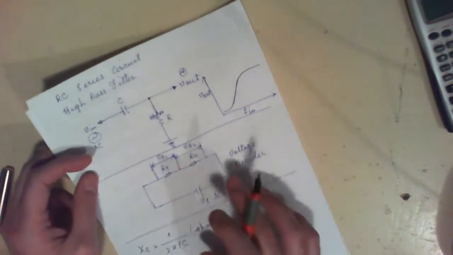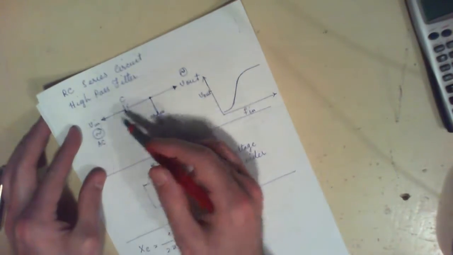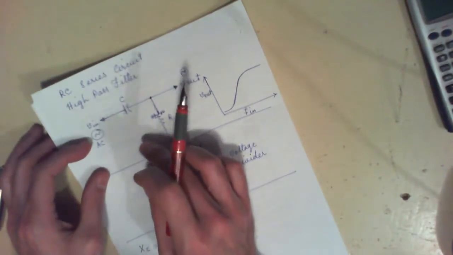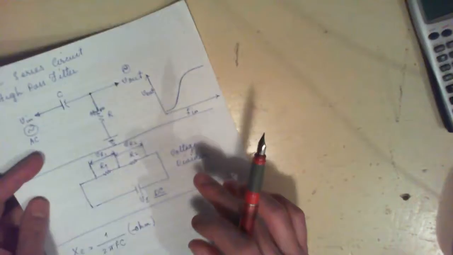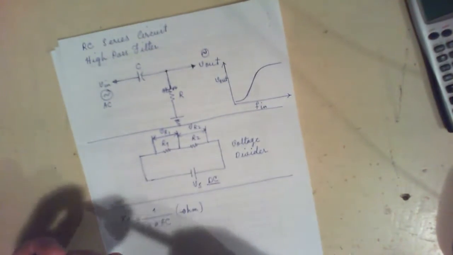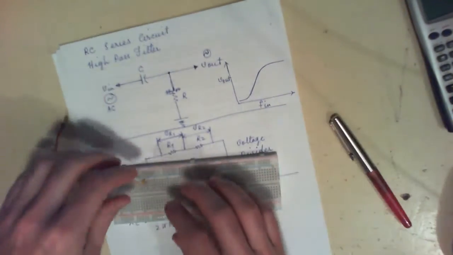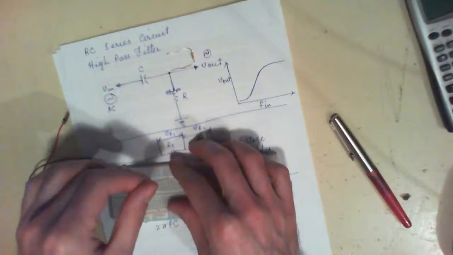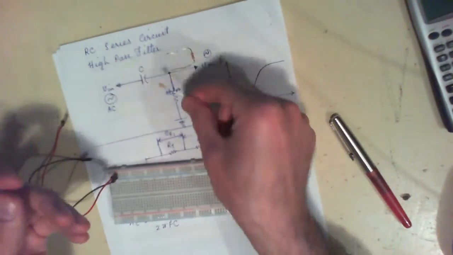So now let's build one of these circuits and look at the input and output of the circuit on an oscilloscope, and then we will do some calculations and see how this circuit behaves. So this is a 1 kilo ohm resistor, and this is a 0.01 microfarad capacitor.